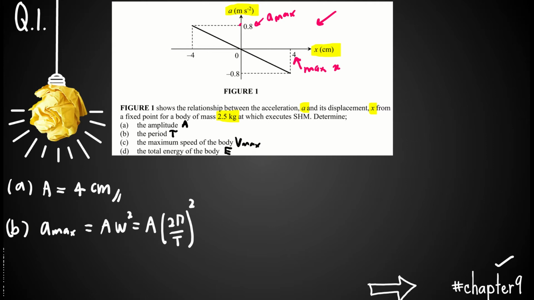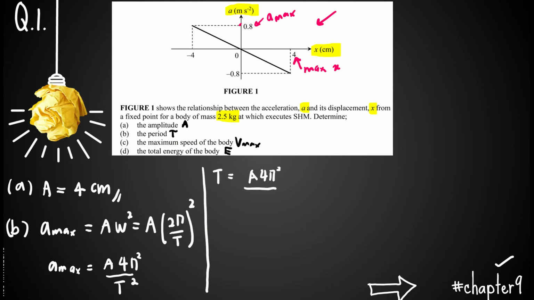Now we substitute all the values. You may first rearrange the equation, so it's up to you. If we rearrange the equation, we have a max is equal to A 4 pi squared over T squared. Then you can have T squared is equal to A 4 pi squared over a max.